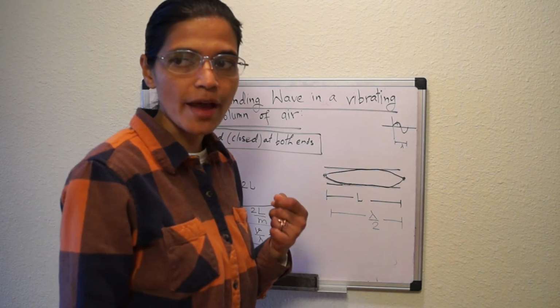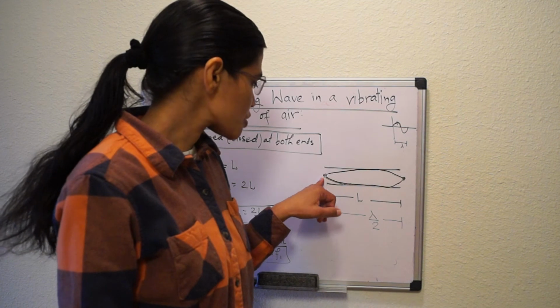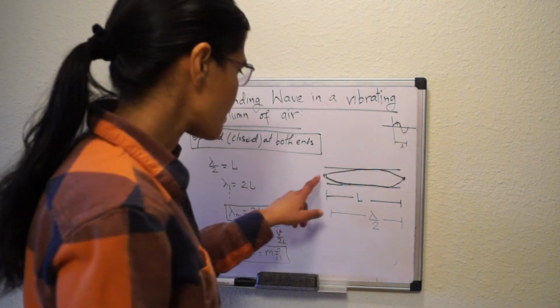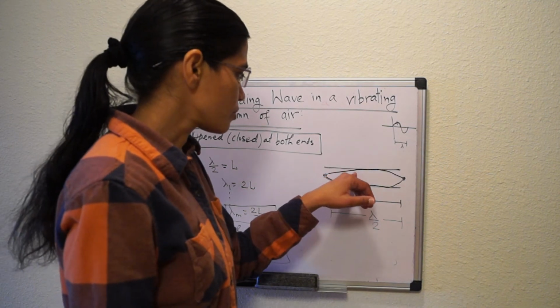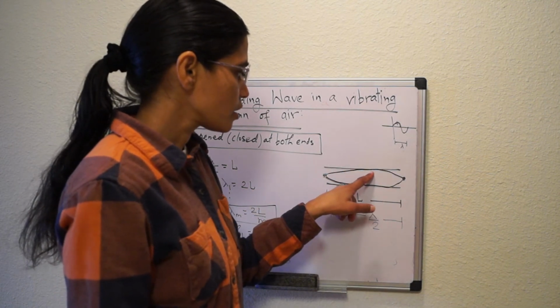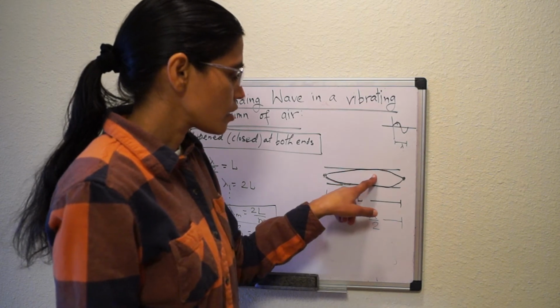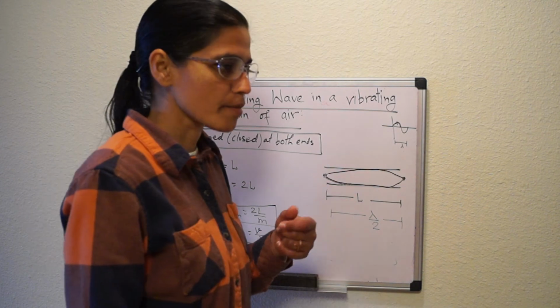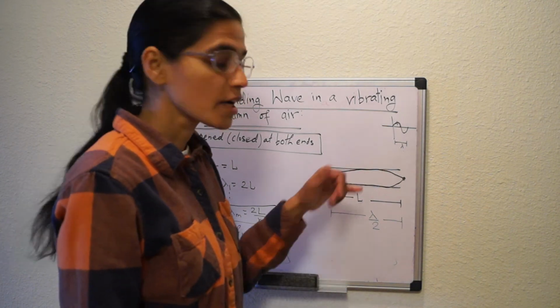So that must have the minimum oscillation, which means that is the node. And wherever the molecules can oscillate with maximum oscillation, those regions are antinodes.